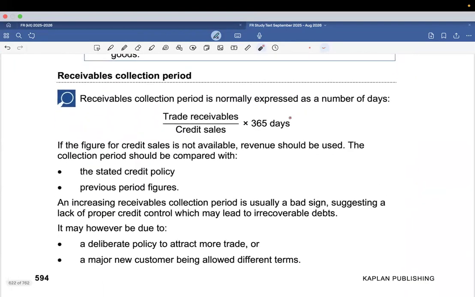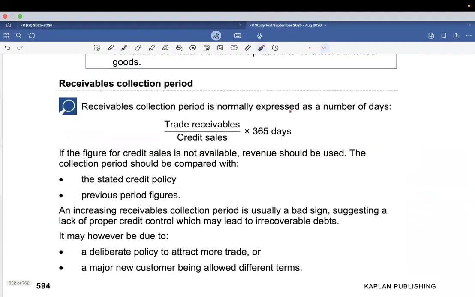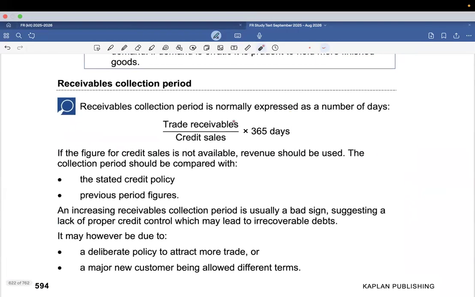Next is receivable collection period, and this is measured for knowing how long it takes to convert your receivables into cash. The equation is trade receivables divided by credit sales, multiplied by 365. Now, if this is going too high, that means the business is not doing well because they are not efficient enough in collecting their trade receivables.